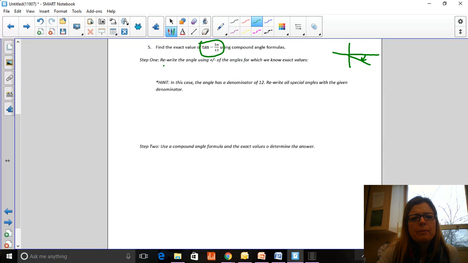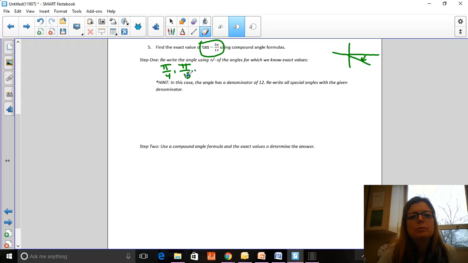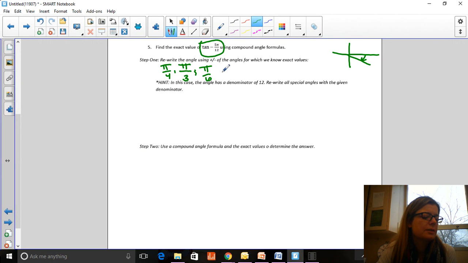So we know pi over 4, we know pi over 3, pi over 6, okay, those are the special triangles. And then around the Cartesian plane, we know exact values for pi over 2, pi, 3 pi over 2, and 2 pi. So we know all of the exact values for any of these.